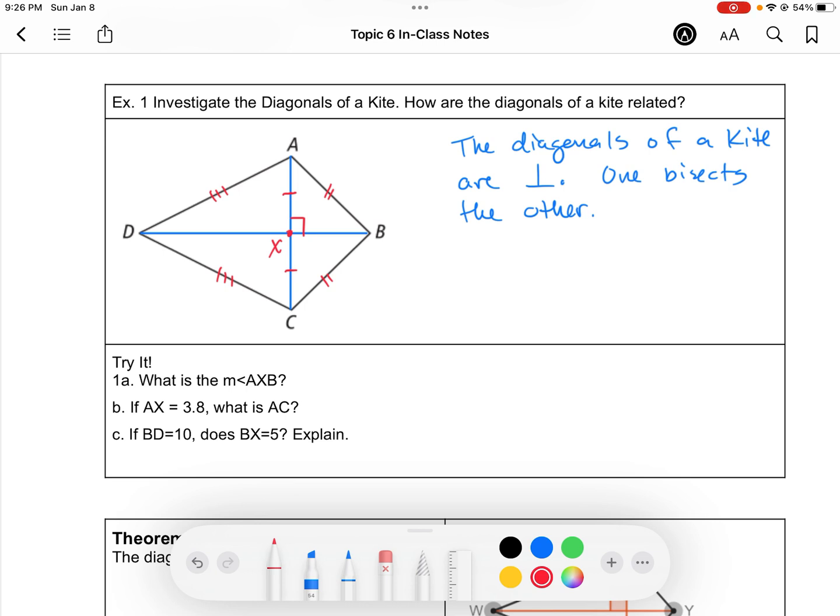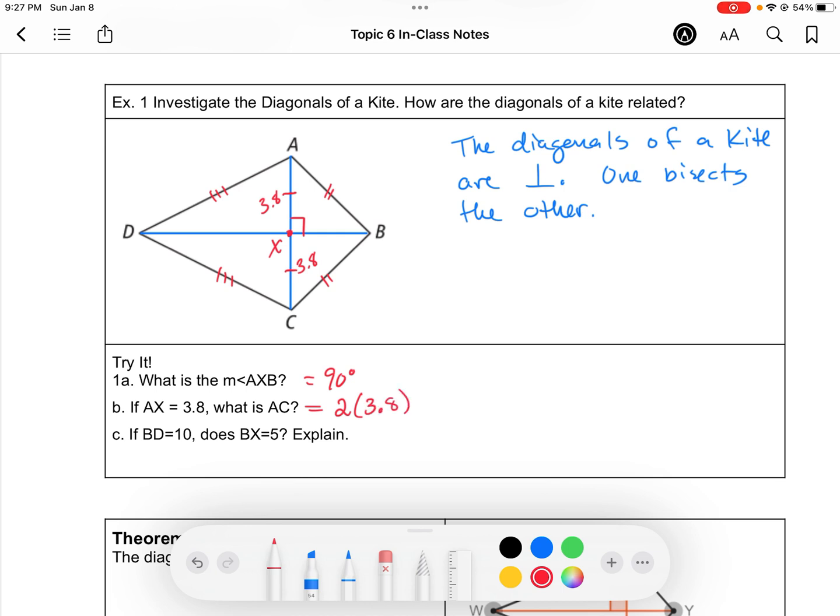It says, what is the measure of angle AXB? AXB would have to be 90 degrees because that is where we get the right angle at X. Part B, it says if AX is 3.8, what is AC? Well, if AX is 3.8, it's bisected by this other diagonal DB. That means that XC would also be 3.8, but AC would be twice as much, or 3.8 plus 3.8.